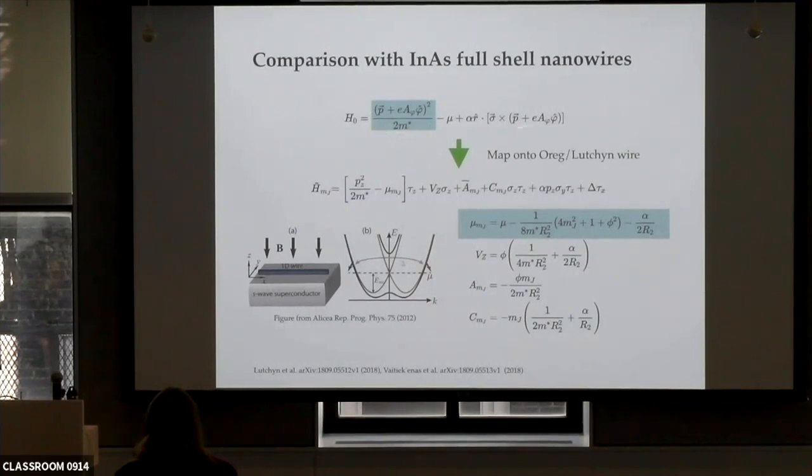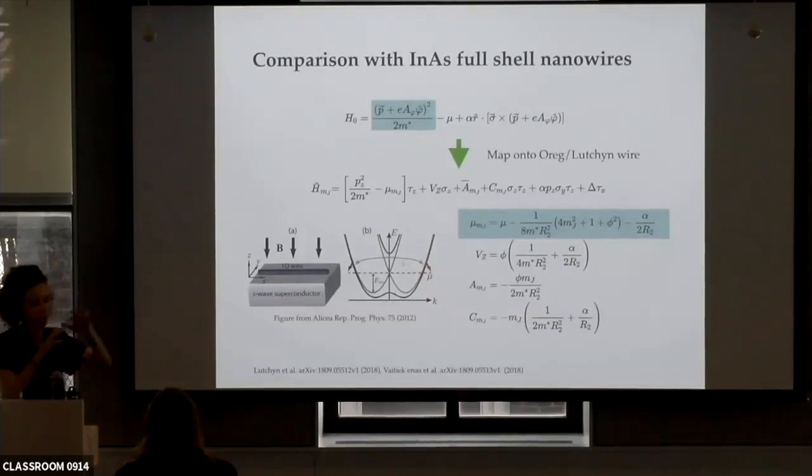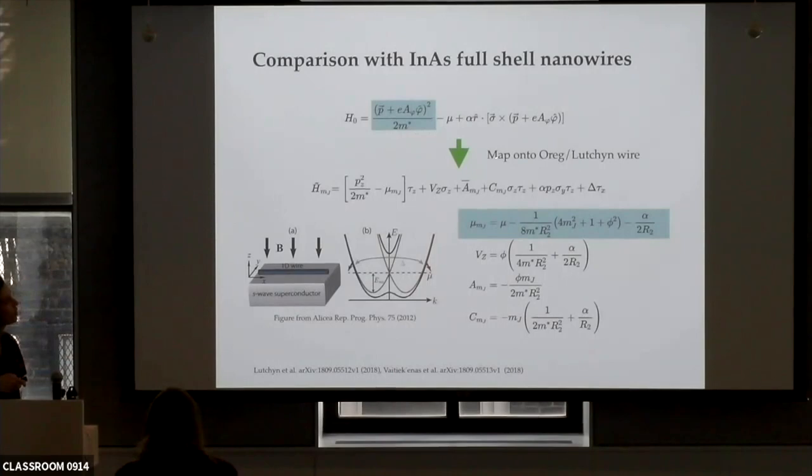They're writing down a model for a cylindrical nanowire in 3 dimensions. This term looks the same as what we have, only in 3D. And then there is an added p-squared term. If your particles are confined to the shell of the wire, which could happen for electrostatic reasons, you can map this model onto the model of Oreg-Lutchyn. Basically, this kind of structure would appear if you're in the zero angular momentum state.